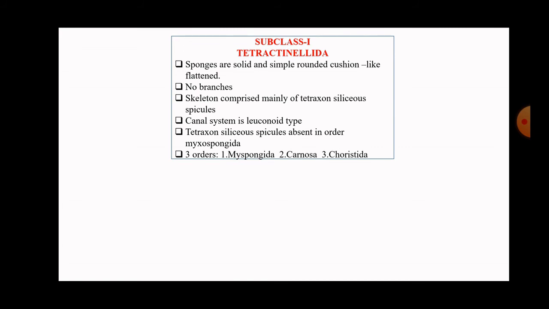Of course, in these animals a leuconoid type canal system is present. In these animals, tetraxon spicules are absent in the Myxospongida order. Tetractinellida can again be divided into three orders: Myxospongida, Carnosa, and Choristida.